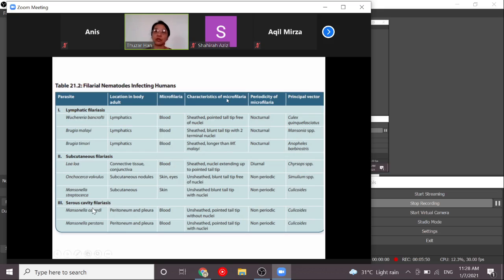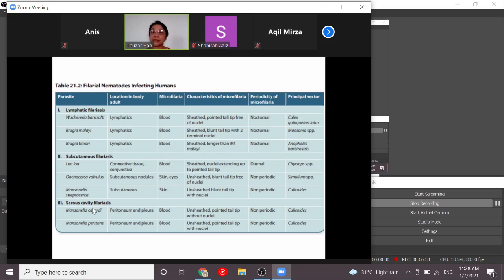So all the filarial infections are transmitted by vectors. They are vector-borne diseases. So what is a vector? A vector is a mosquito, or maybe some are not mosquitoes. For Loa loa it is the Chrysops, which is not a mosquito. For lymphatic filariasis it is a mosquito, mainly the genus Culex, and the species Culex quinquefasciatus, or Culex pipiens fatigans, the same.